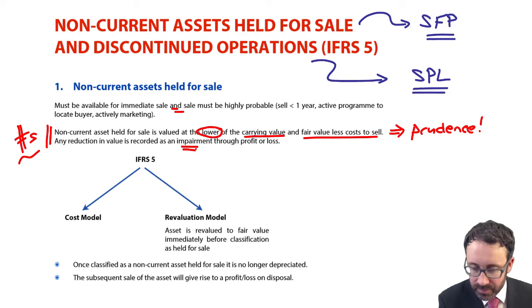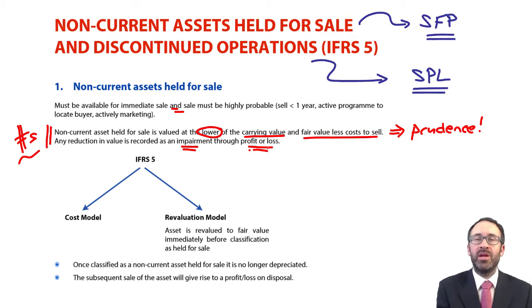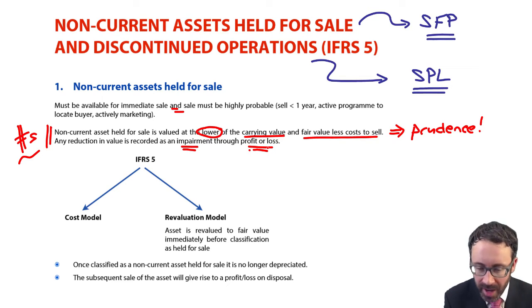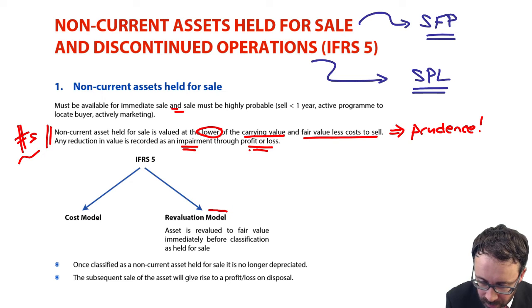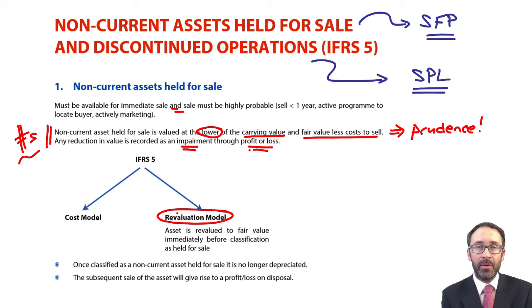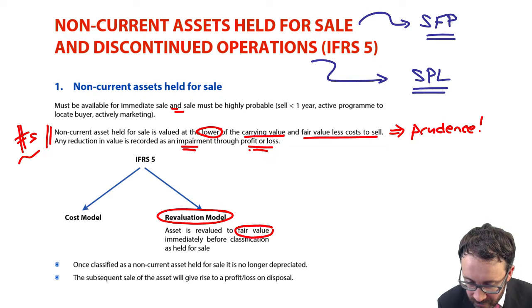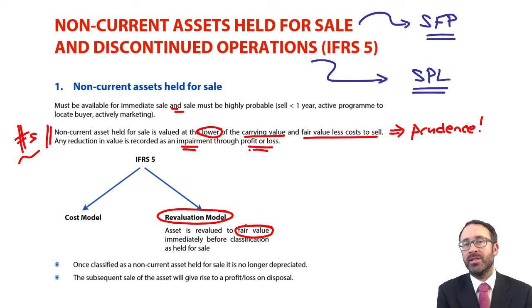That impairment is recognised through profit or loss, unless it has been previously revalued, in which case the impairment will go to where that revaluation has previously been stored up. Okay. Again, just note that if you have got your property, plant and equipment under the revaluation model, you need to revalue it to fair value first before you then reclassify as a non-current asset held for sale.